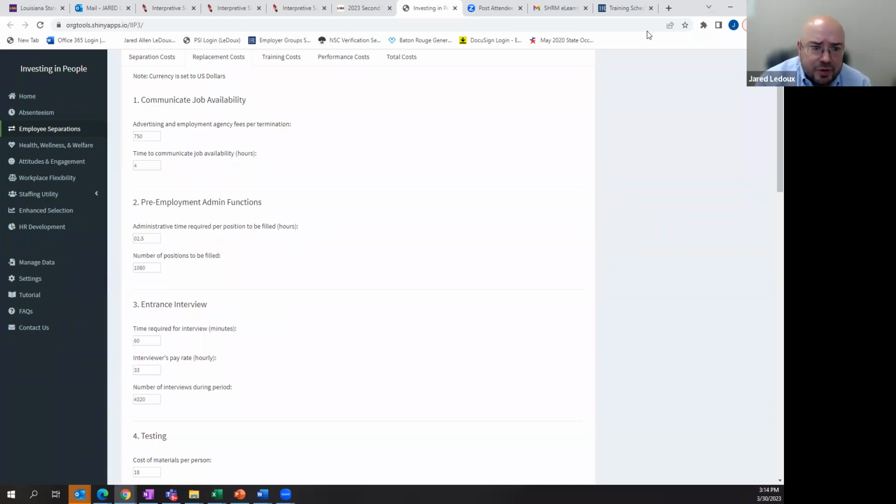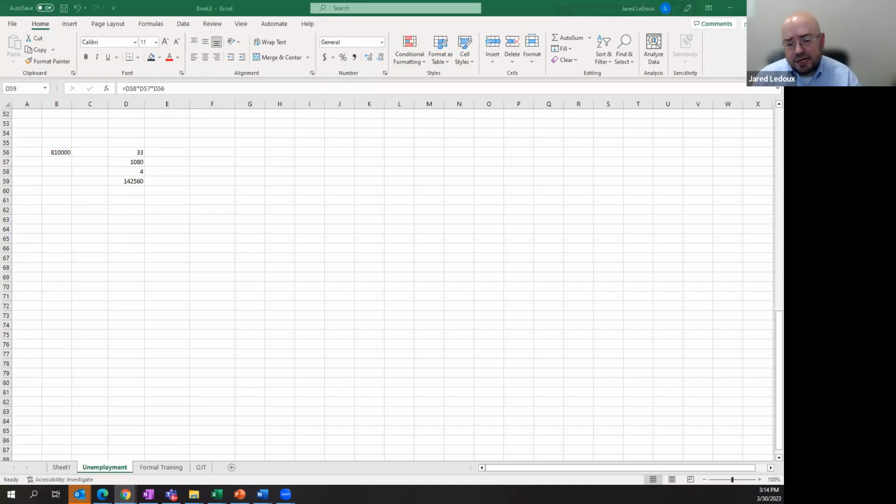In addition to communicating job availability, then we get into the actual hiring process, right? So one of those components is pre-employment admin functions. This might be setting up a new employee, reviewing their I-9 documentation, etc. That's going to take 2.5 hours for HR to complete on every single new hire.